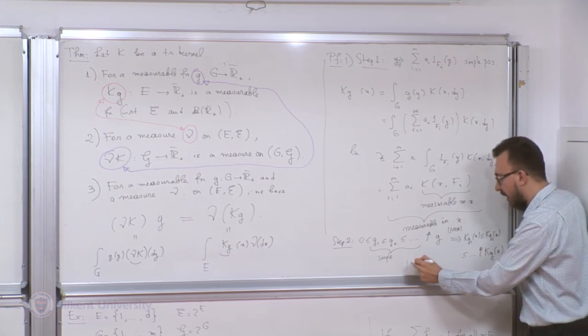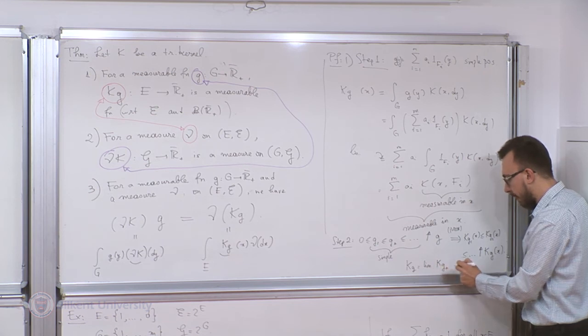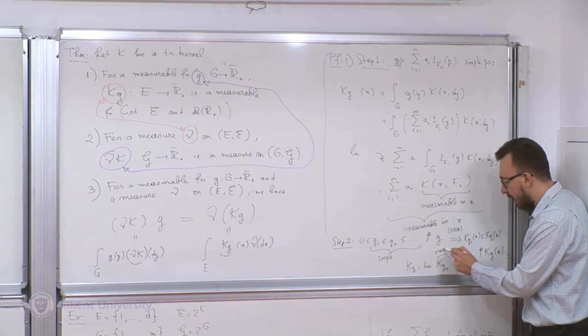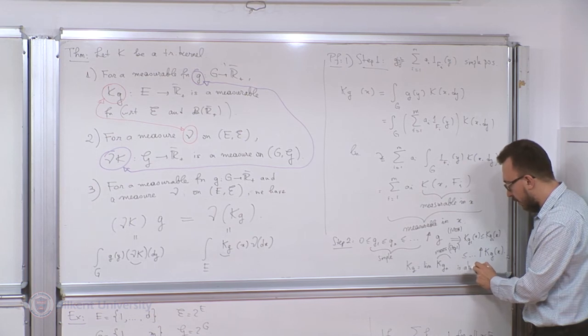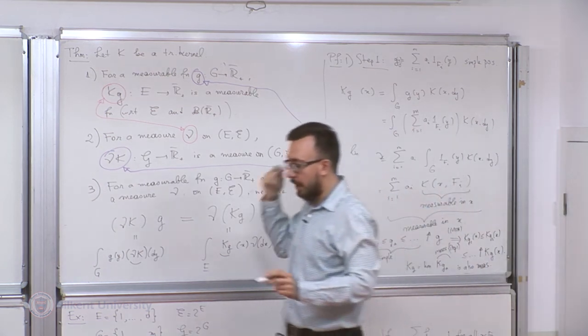So kg is nothing but the limit of the kg_n's. And these are measurable by step 1. So the limit is also measurable. So that's the proof of number 1.